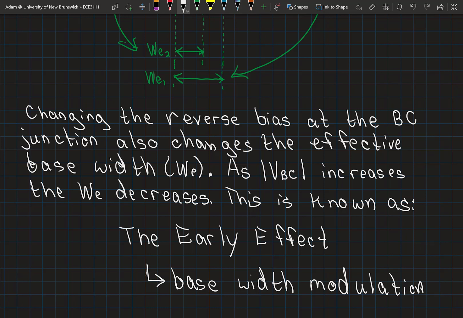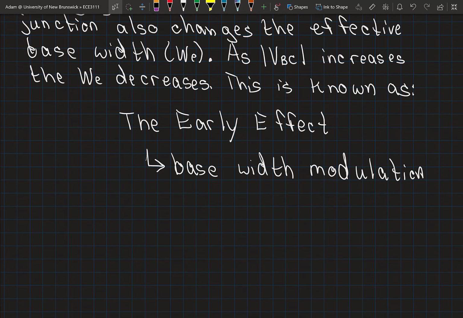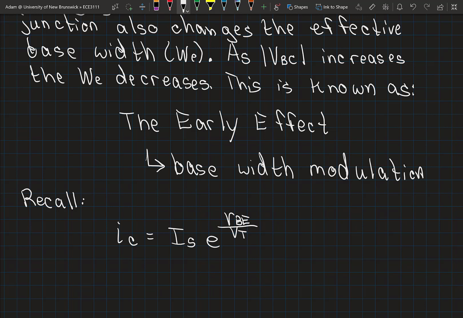Okay, but why should we care? Well, you'll recall that a few lectures ago, through some derivations, we discovered that the collector current was equal to the saturation current times e to the base to emitter voltage divided by the thermal voltage. But you'll also recall that the saturation current was inversely related to the base width.